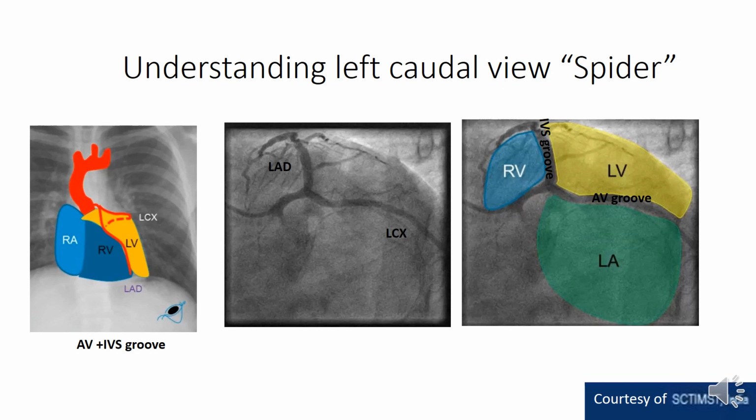With chamber orientation, LAD running in the interventricular septal groove, separating the right ventricle from the left ventricle, and the circumflex artery running in the AV groove, separating the left atrium from the left ventricle. This picture is quite similar to a spider, so it is called spider view.